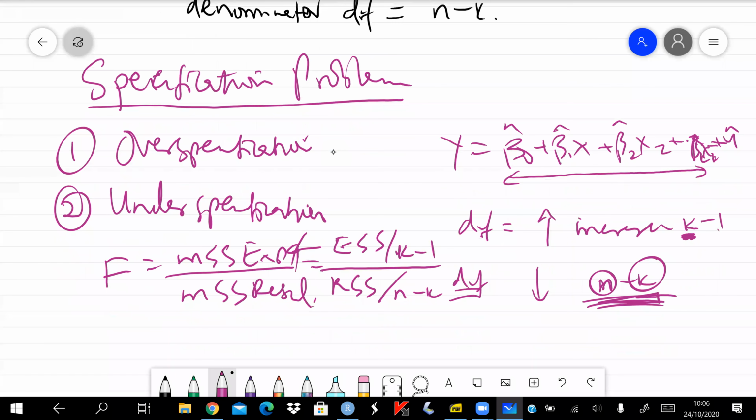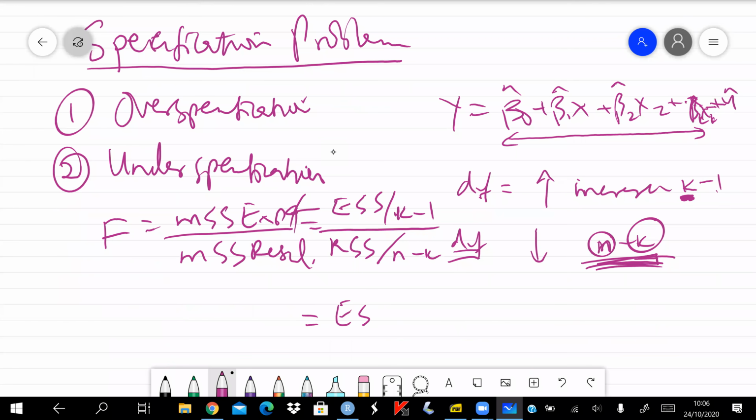If you play around with this, it is the same as the explained sum of square divided by k minus 1, then multiplied by n minus k over the residual sum of square.